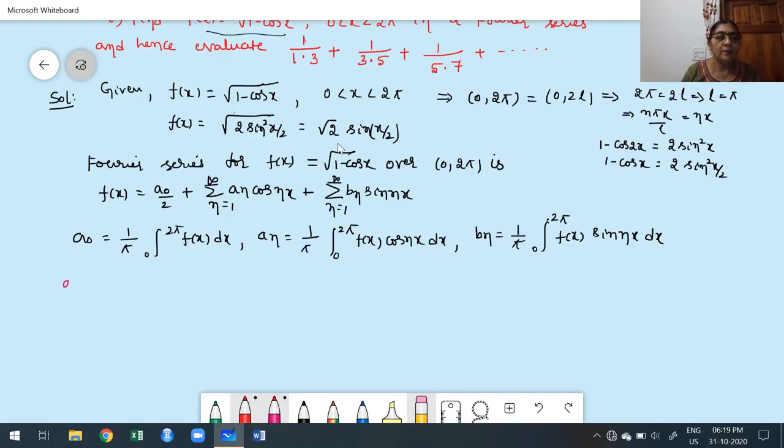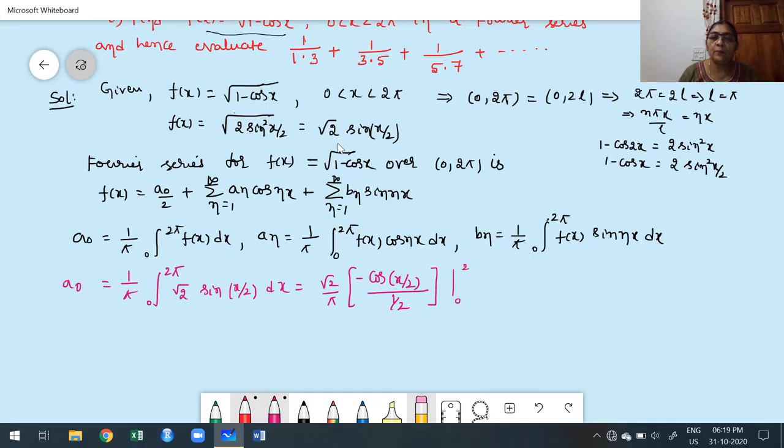A naught equals 1 by pi, 0 to 2 pi, root 2 into sine of x by 2 with respect to x, or dx. Root 2 is a constant, root 2 by pi. What is the integration of sine? Minus cos of x by 2 divided by the coefficient of x. What is the coefficient of x? It is 1 by 2. What's the limit? 0 to 2 pi.